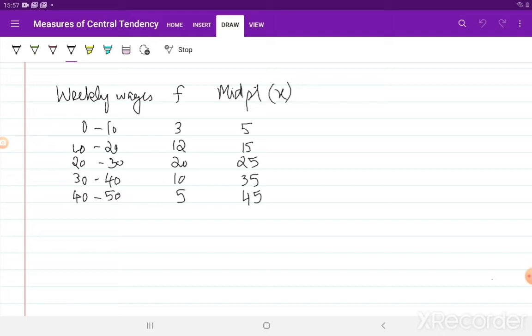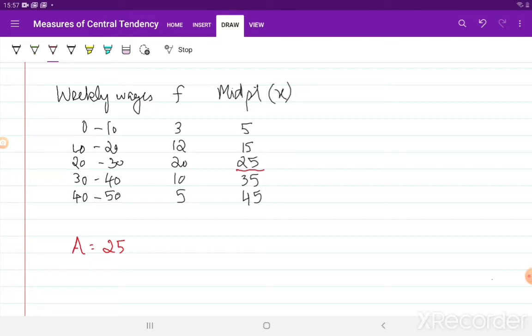Now, how do you calculate deviation? Again, select one of the central numbers as your assumed mean or your arbitrary origin.